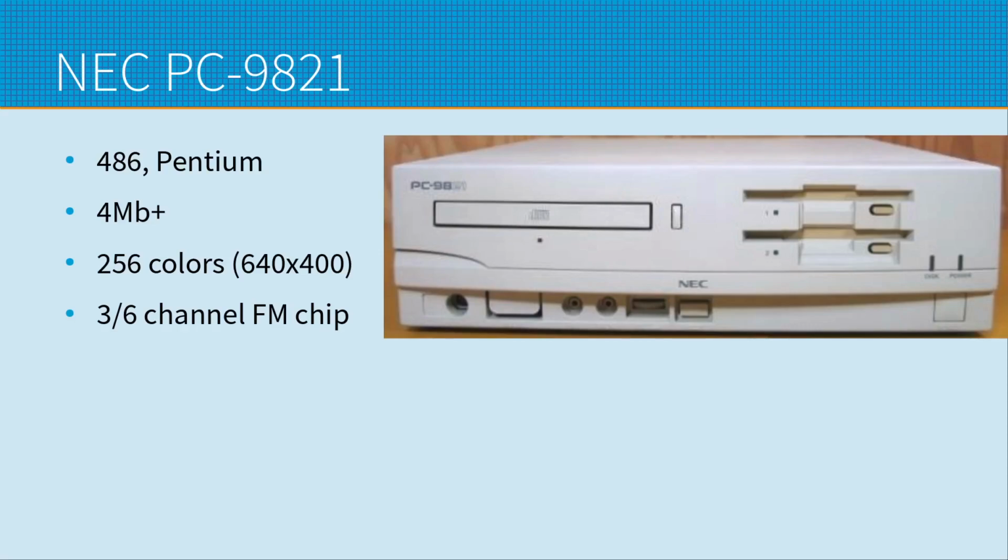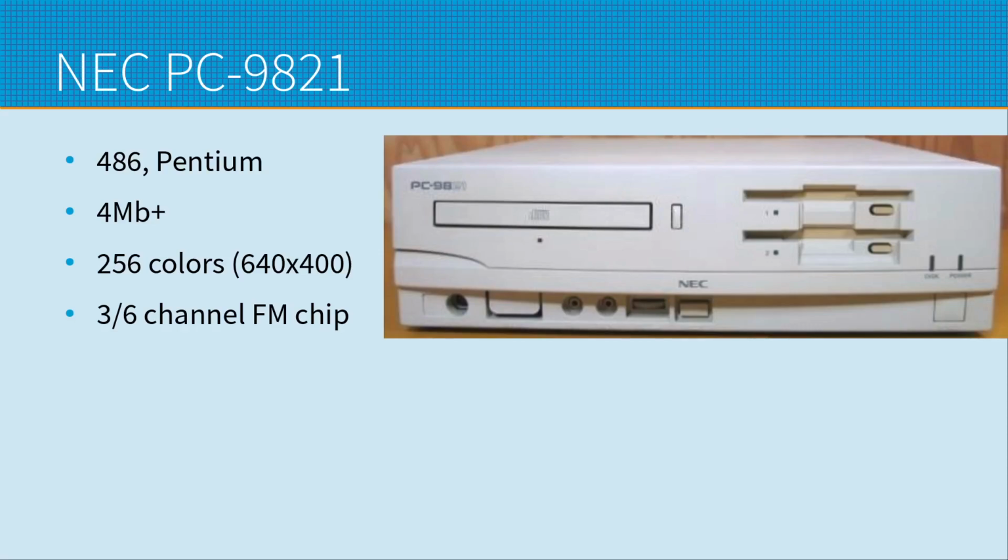And some PC9821 also came with an integrated sound chip, but others, such as the one that I actually bought, the XE7 model, only came with the PC speaker, I believe, so no sound. So NEC expected you to buy a sound card to put into your computer, which is extremely annoying.